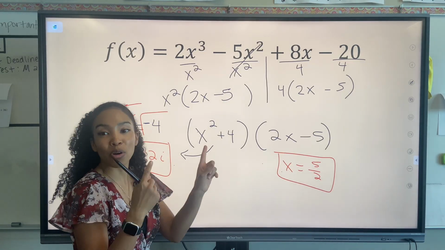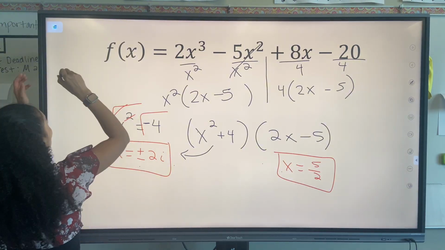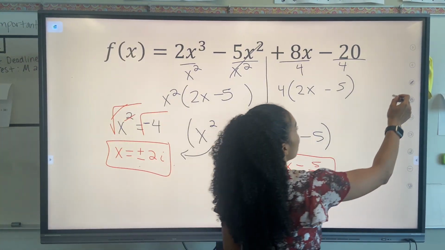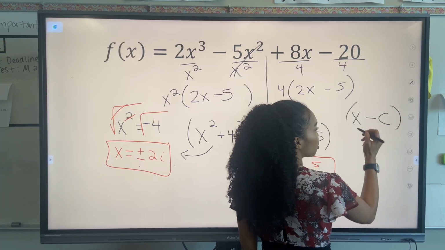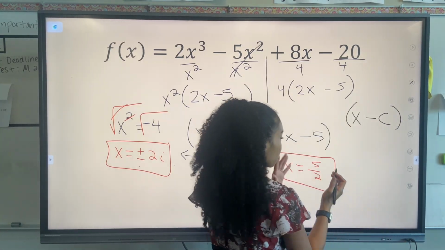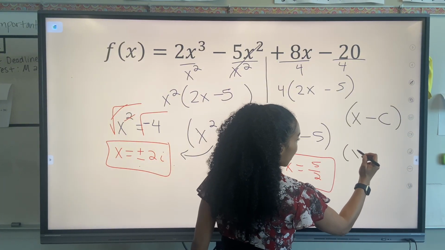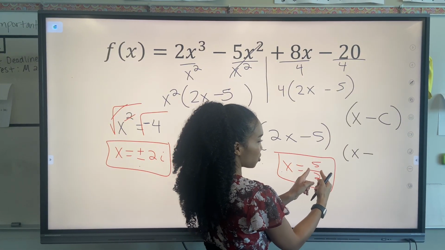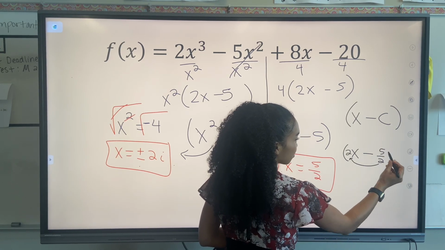Now we're gonna go backwards and I'm gonna go back and get my factors. So look what I'm gonna do. The formula is always x minus c is your factor, where c stands for your answer, okay? So guys, for this one, it'll be x minus, your answer is right here, 5/2, and you bring that denominator to the front.